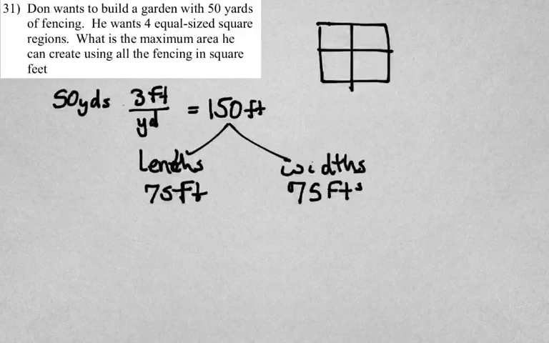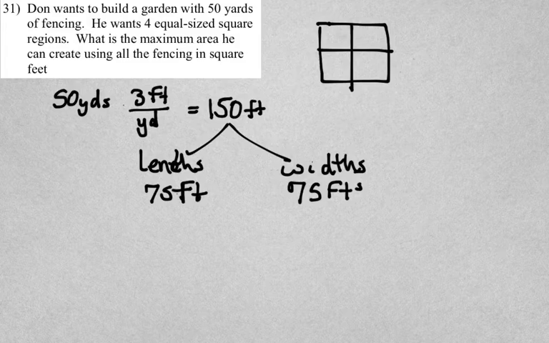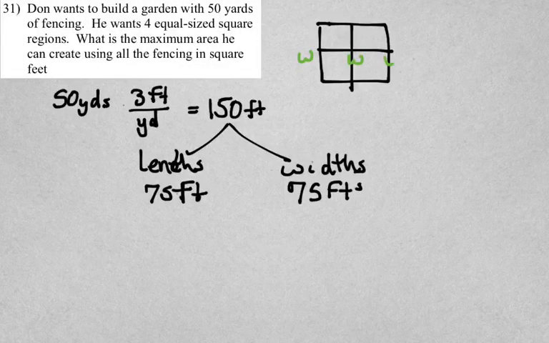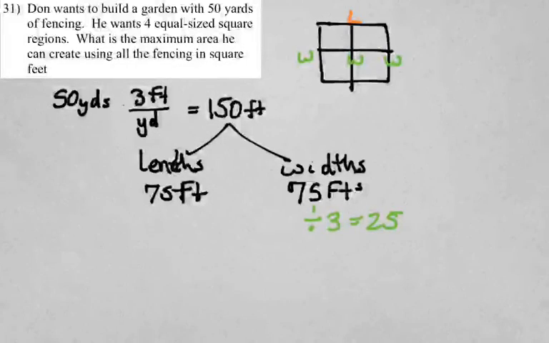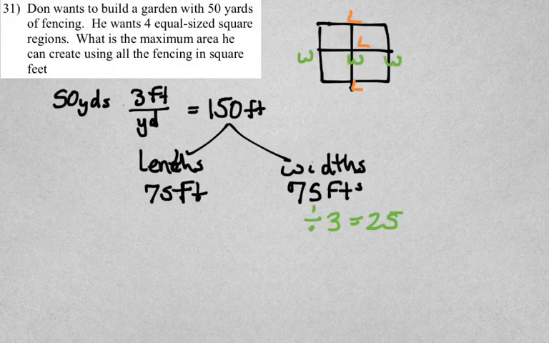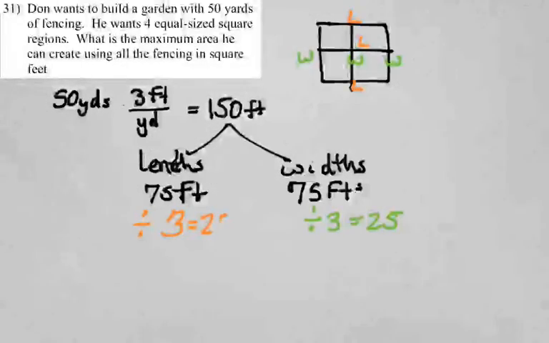So now I need to go up to the problem and see how many of each of them I have. I have 1, 2, 3 widths, so I'm going to divide that by 3, which gives me 25. And on my lengths, I have 1, 2, 3 lengths. So I'm going to divide that by 3 as well, which again gives me 25 feet.